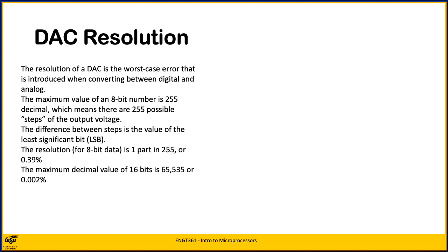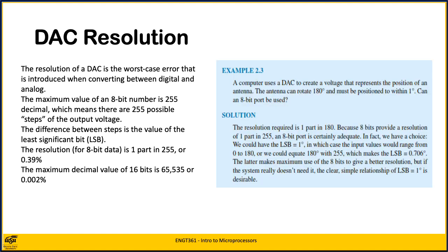The maximum decimal value of 16 bits is 65,535. Being able to divide an analog number into 65,535 parts means that each part will be much smaller, so we may more precisely represent that number.